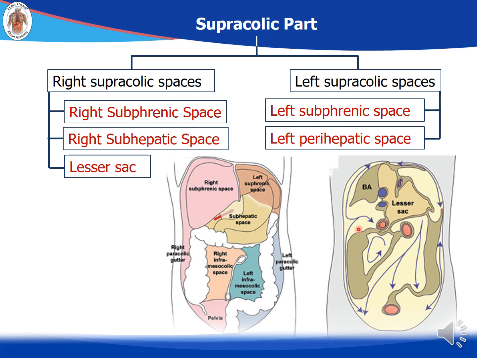If you go below, then the cavities are a bit different. Above, in the supracolic area, you see this is continuous. This is the subhepatic region, also known as the hepatorenal space.